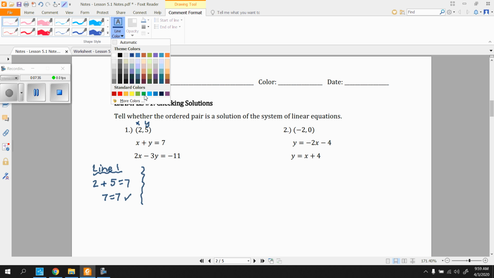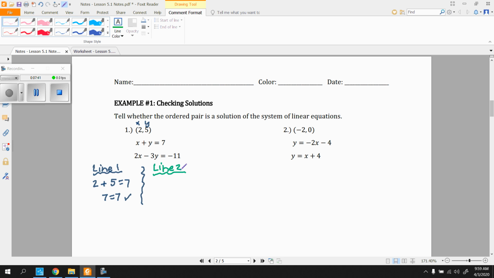So let's do it. For line 2, it's a different form, so we've got a little bit more work on this one. 2 times my x, which is 2, minus 3 times my y, which is 5, should equal negative 11.